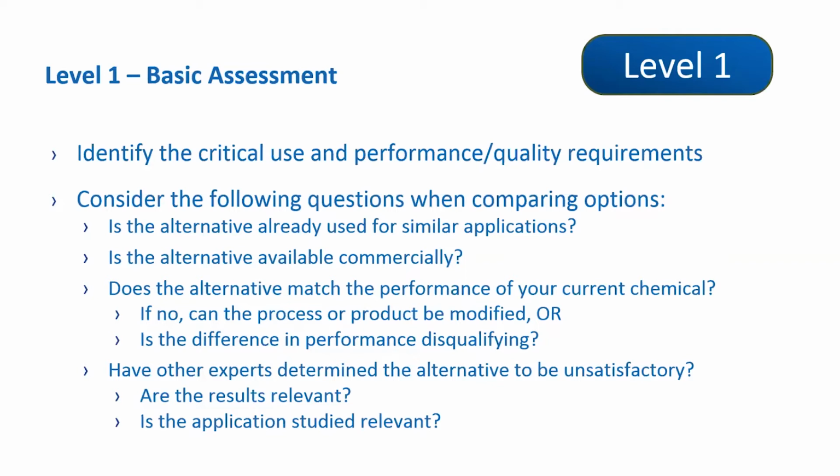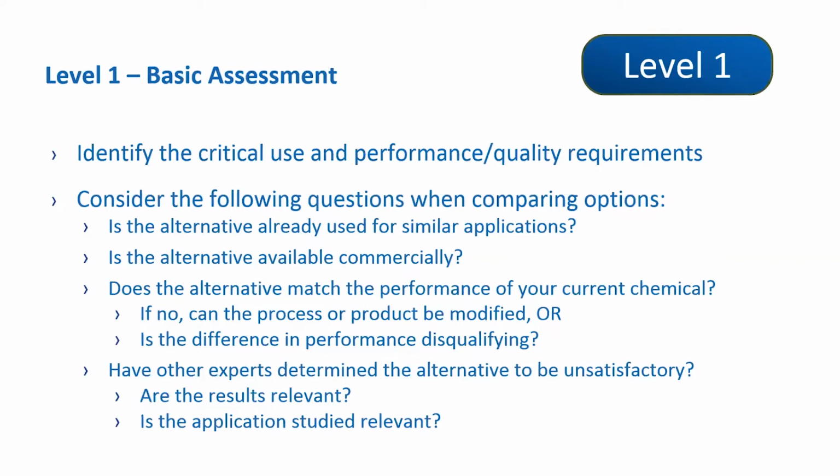Has the alternative been tested and found to match the performance achieved by the chemical of concern? If not, can the process or product be modified to accommodate the alternative and improve its performance? Or is the difference in performance critical for your given use or application? And has the alternative been identified by expert sources as unfavorable?